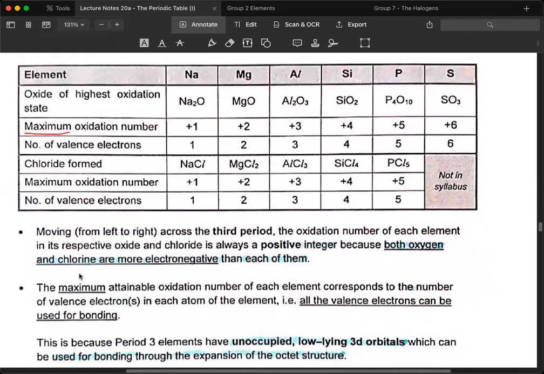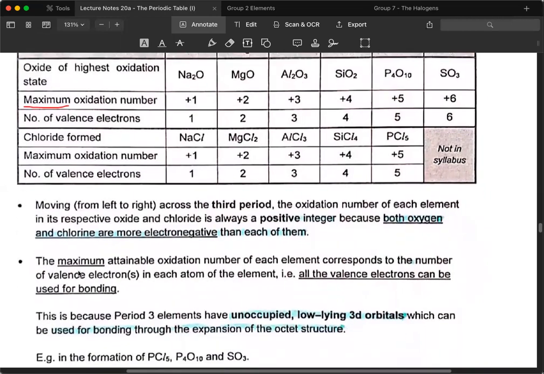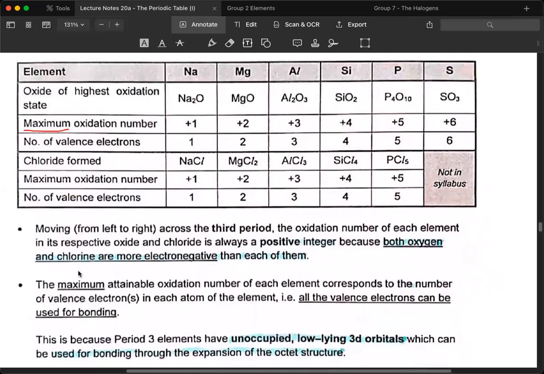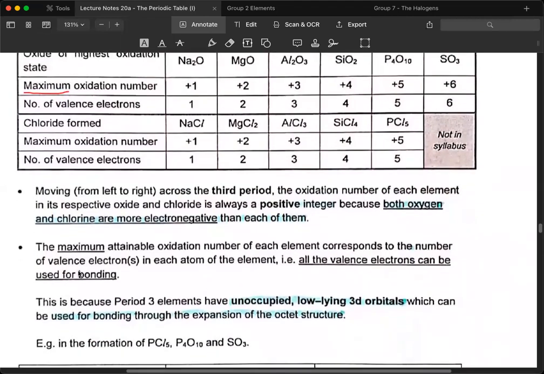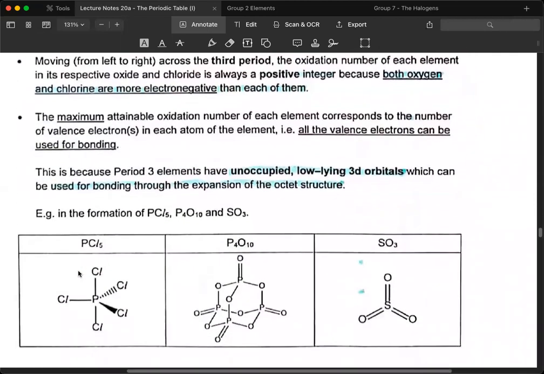The maximum attainable oxidation number of each element corresponds to the number of valence electrons in each atom of the element, so all the valence electrons can be used for bonding. This is because period 3 elements have unoccupied low-lying 3d orbitals that can be used for bonding through expansion of the octet structure, like PCl5, P4O10, and SO3.